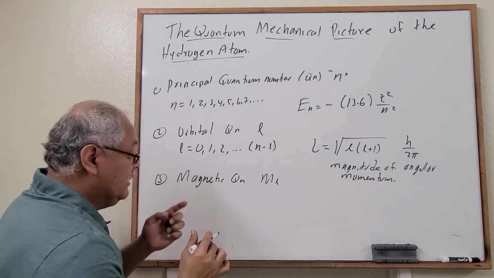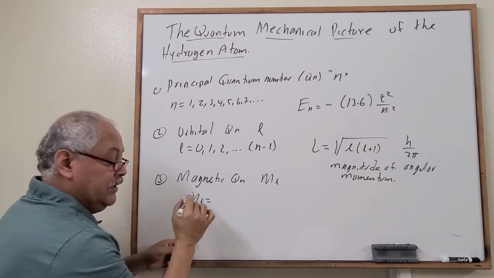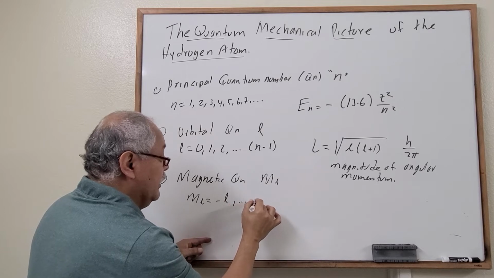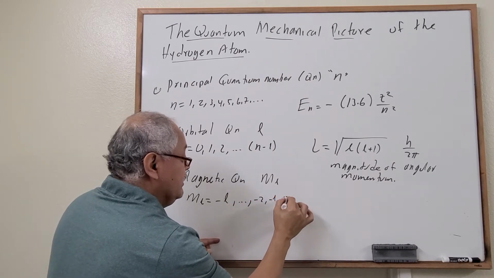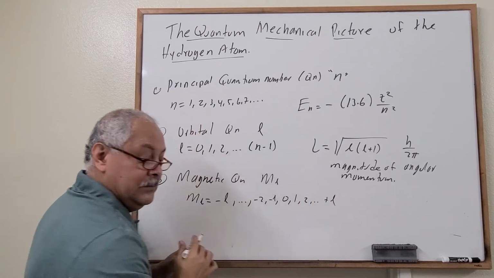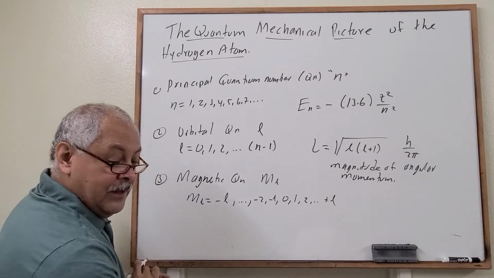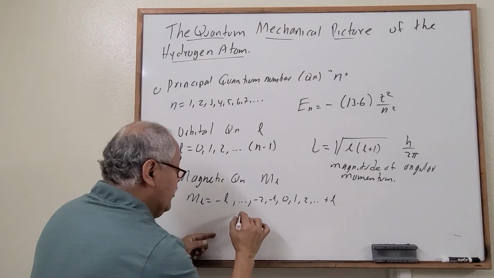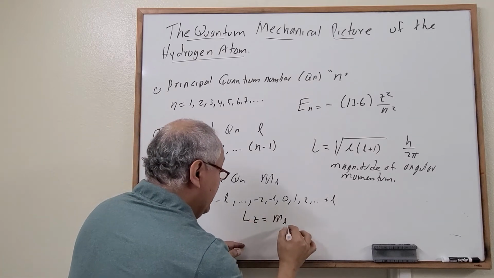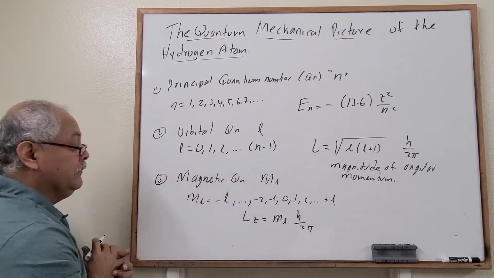These are the values taken by this quantum number: from negative l, ..., negative 2, negative 1, 0, 1, 2, ..., up to plus l. And the component in the z direction is equal to ml times h over 2 pi.